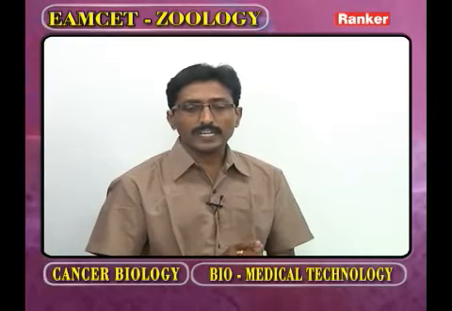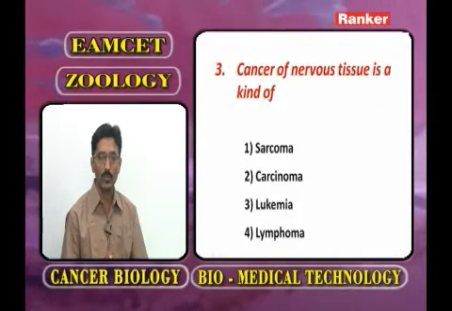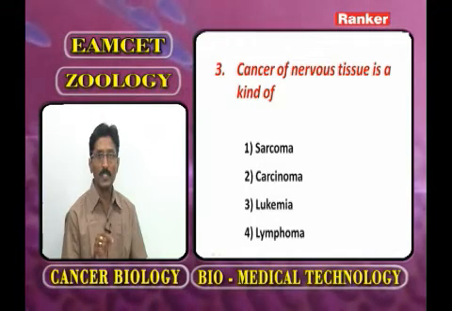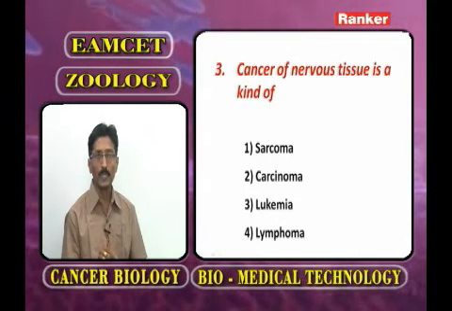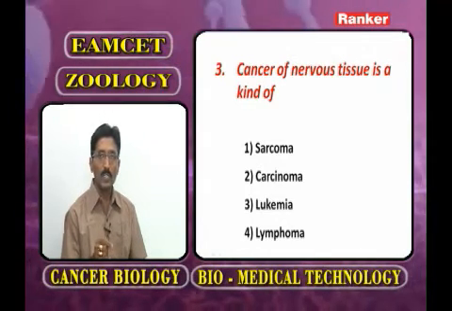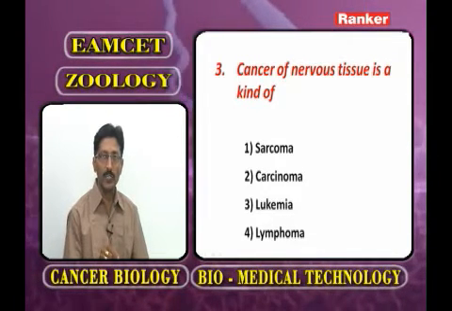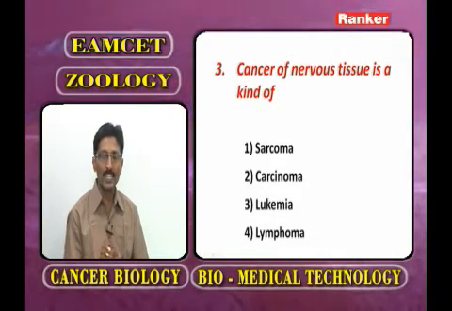So here the nervous tissue is derived from ectoderm. The ectodermal cells are going to get the cancer. They are said to be a type of carcinoma.